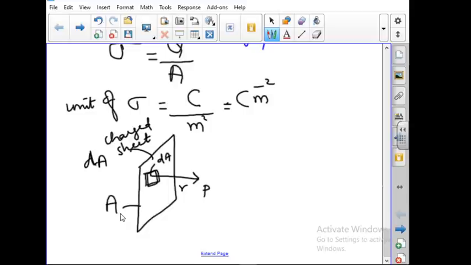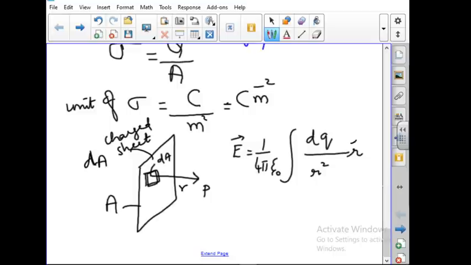The electric field due to the total charge Q is given by E vector is equal to 1 by 4 pi epsilon naught integral dq by r squared into r cap.